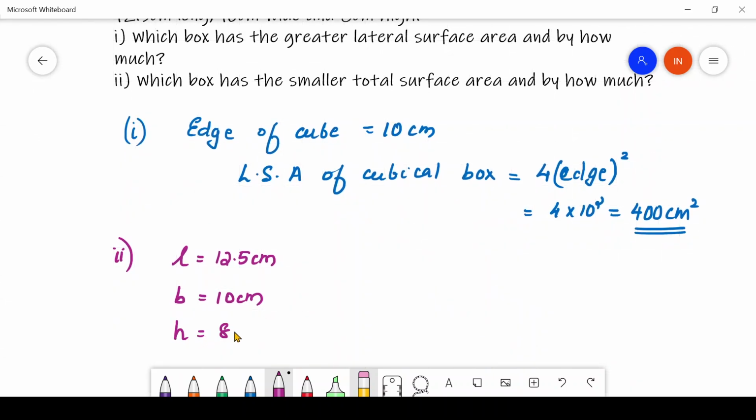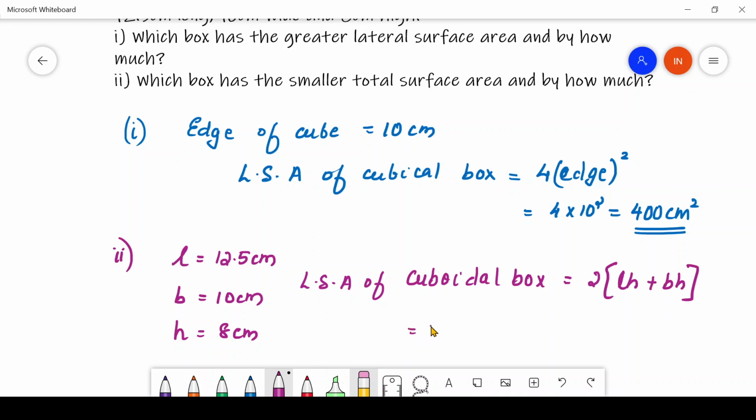How to find the LSA of a cuboidal box? Do you all remember? Yes, very good. That is equal to 2 into (LH plus BH). Substituting the values, L is 12.5, H is 8, plus B is 10, H is 8. You will get the answer as 360 centimeter square.